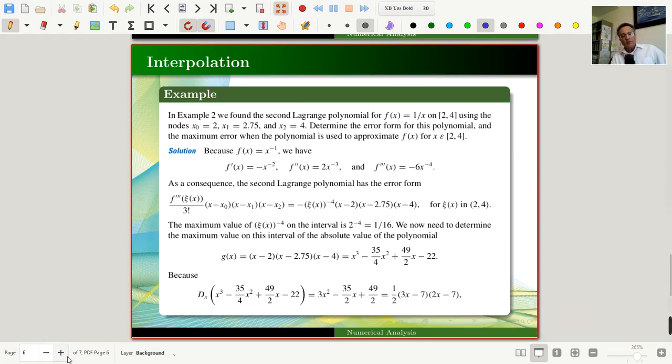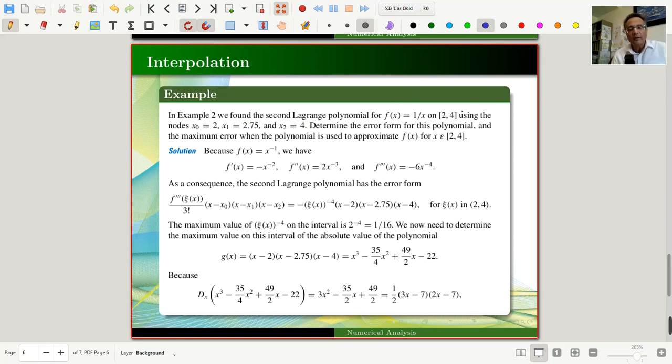Now let me show you an example of how we can use this theorem. In the example in the previous lecture, we found the second Lagrange polynomial for f of x equal to 1 over x on the interval 2 to 4, using the nodes 2, 2.75, and 4.